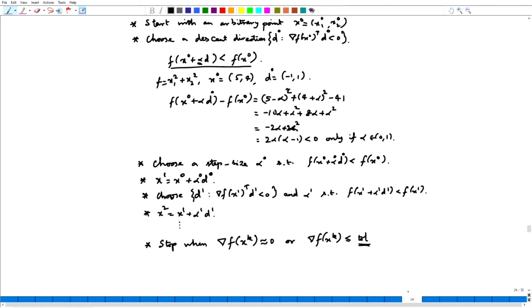And in a similar way, recall that when f was x1 squared plus x2 squared, x naught was (5, 4) and d naught was (-1, 1), what we said was alpha needs to be in the open interval (0, 1), right. That is again an infinitude of values. So, again this is not what I am looking for. What I am looking for is a specific value of alpha.